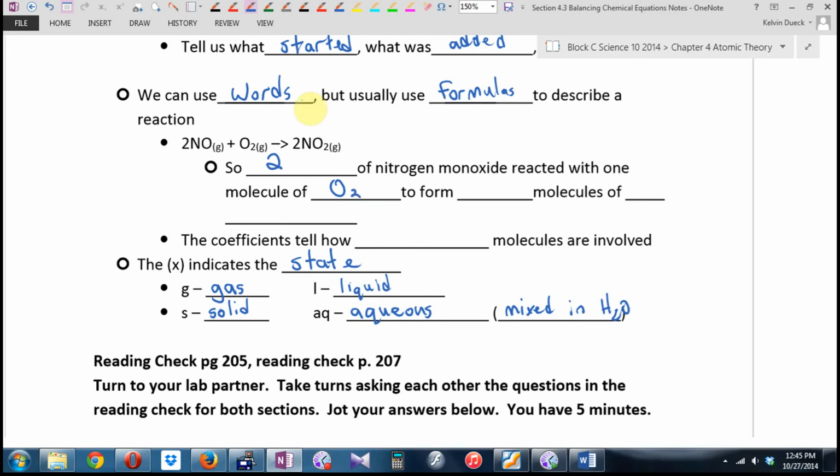Only two. Two molecules of, what would I call NO2? Nitrogen dioxide.